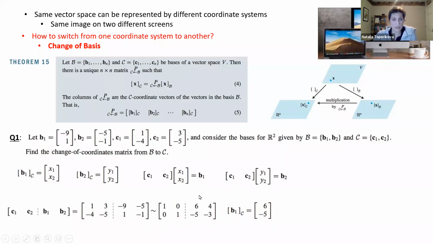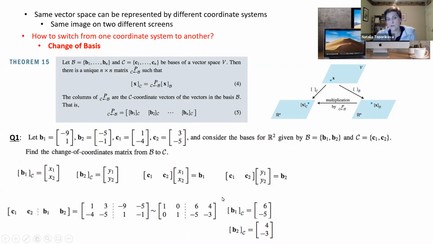This row reduction will give you both vectors B1 and B2. The first row after the dashed line, 6 minus 5, will go to B1, and the second row after the dashed line, 4 minus 3, will go for B2.